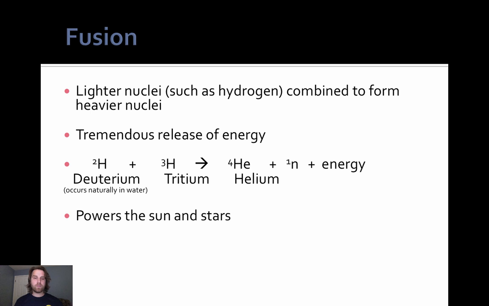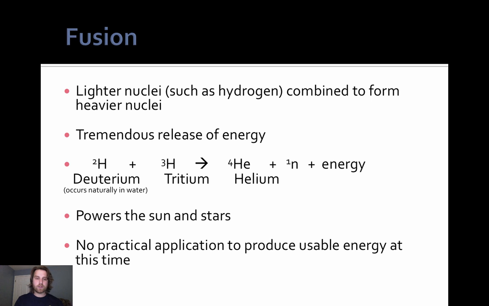This is what actually powers the Sun and all the other stars, these types of fusion reactions. We have not actually figured out how to maintain a stable fusion reaction that we can create, but if we could, that would be tremendous. So I hope one of you guys can do that one day.